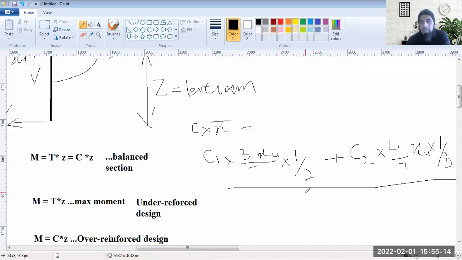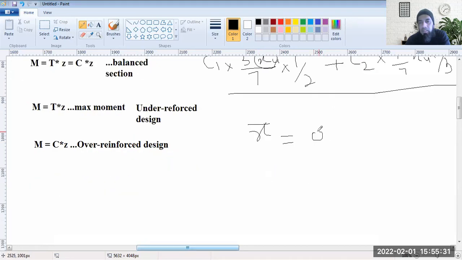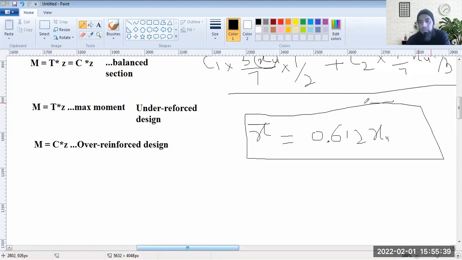So this will give you the XU centroid in both the cases. So overall then X bar that you get here is 0.612 into XU, जहां पर एक्ट कर रहा है. You need not calculate this. I'm just trying to show you.